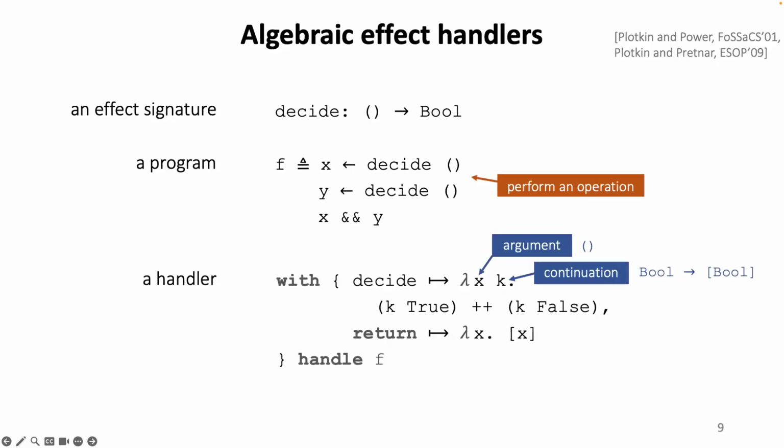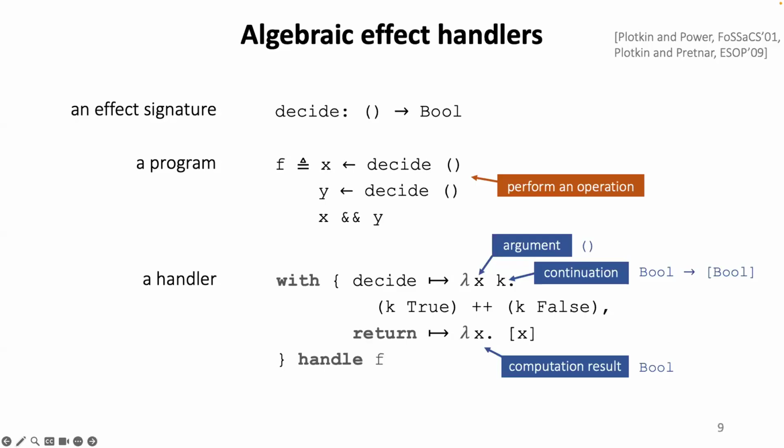And in this case, the handler performs the continuation k twice with true and false respectively and concatenates the result. And the return clause is applied when the computation returns normally. So in this case, if the computation returns a result X, then the return clause simply wraps the result into a singleton list. And that's why also the return type of k is a list of Boolean now.